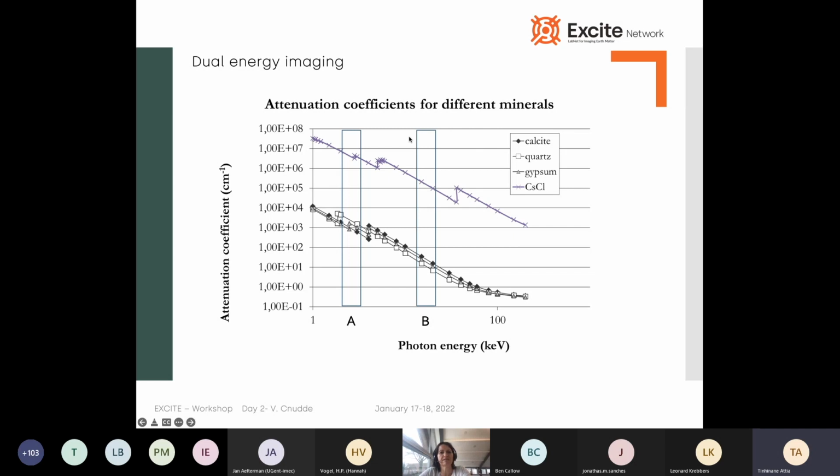This was already done. This is one of the standard procedures based on this theory, and it is called dual energy imaging.